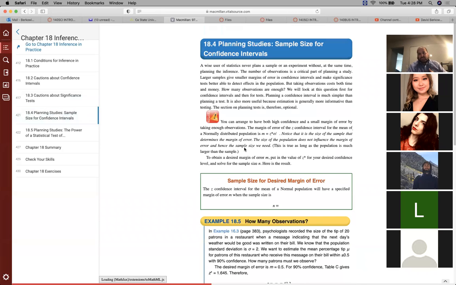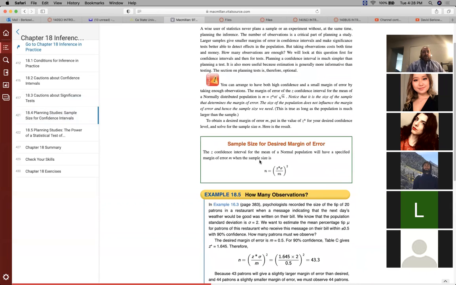Then we also had this section here, which is, what if I know in advance what I want the margin of error to be? How can I work backwards from the margin of error to compute the desirable sample size that I should be going in with? You should be writing these formulas down on a piece of paper. This formula here is what you use.